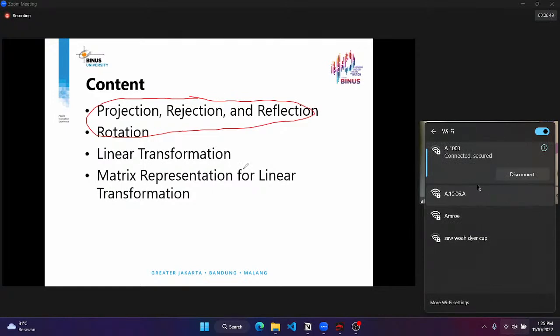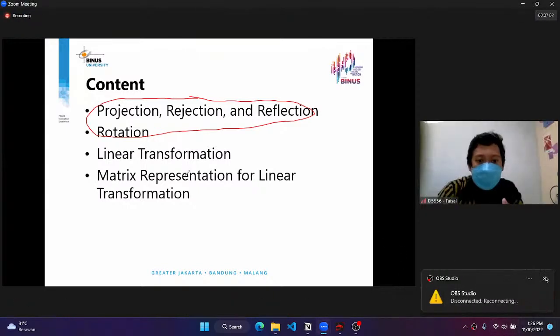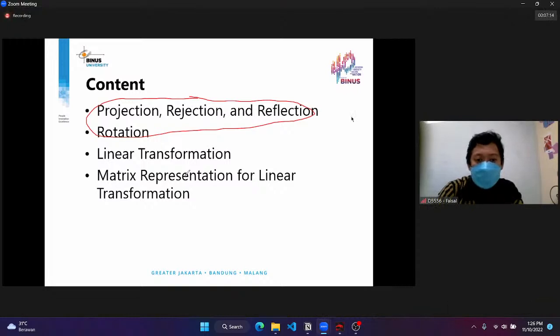And then I will introduce the general projection, reflection, and rotation. This is a kind of linear transformation. So all linear transformations can be represented using a matrix.